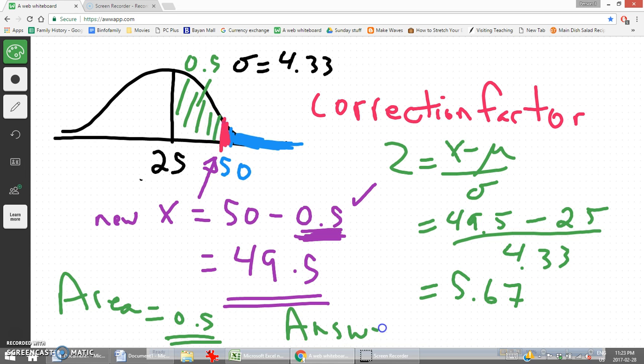Now, just for good practice, remember that the normal distribution process is 3 steps. Step 1, calculate z. Step 2, find that area. Step 3, make that adjustment. Our adjustment is going to be, in this case, 0.5 minus 0.5, which gives us 0.